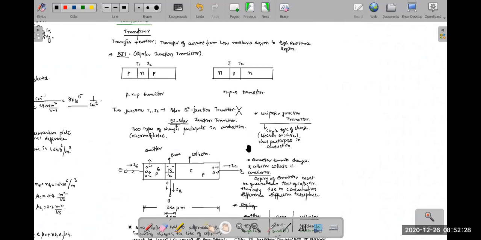Now let's try to see the symbol for this PNP and NPN transistor.